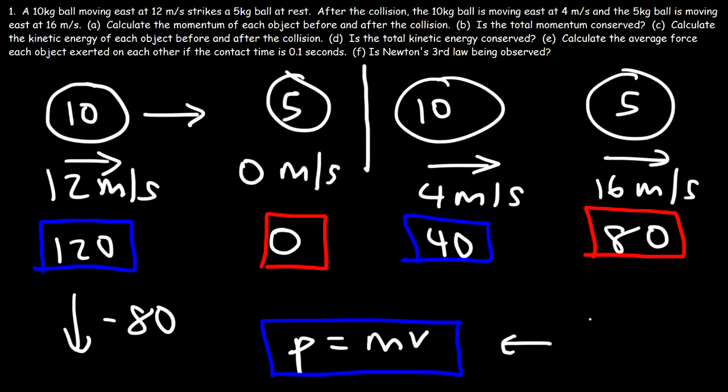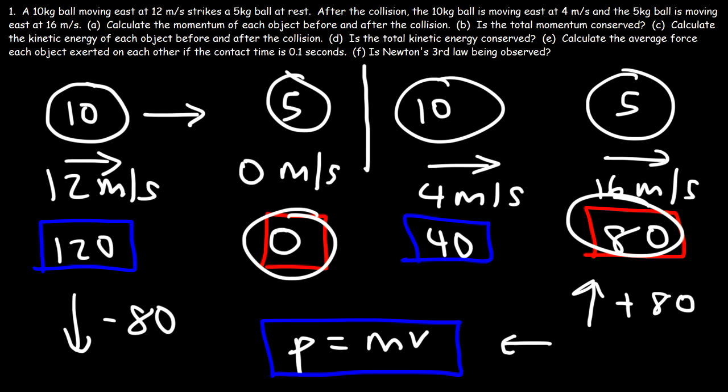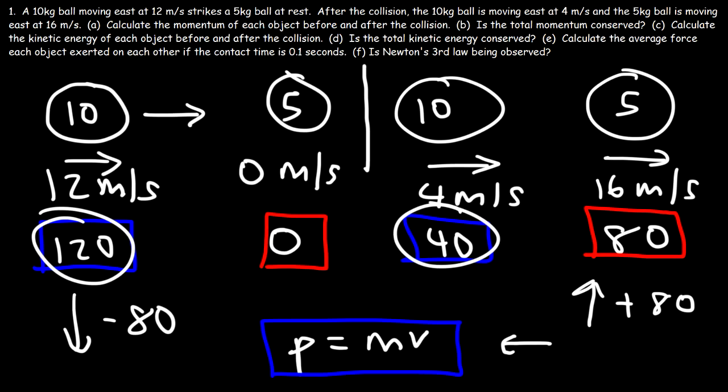So it increased by 80 kilograms times meters per second. And so there's two forces in play here. The 10 kilogram ball exerts a force on the 5 kilogram ball, causing its momentum to go up from 0 to 80. At the same time, the 5 kilogram ball exerts a force on the 10 kilogram ball, decreasing its momentum from 120 to 40.